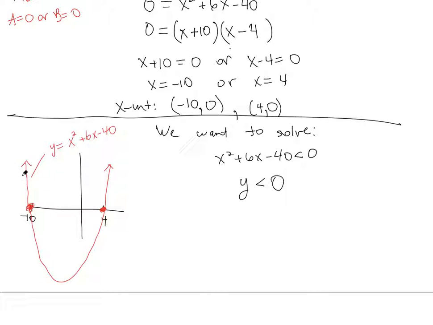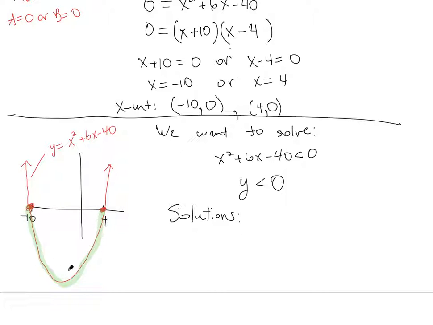Now, on this graph, y is less than 0 for this part, not including these endpoints right here. So we're pretty much done. All we have to do is figure out how to write our answer.